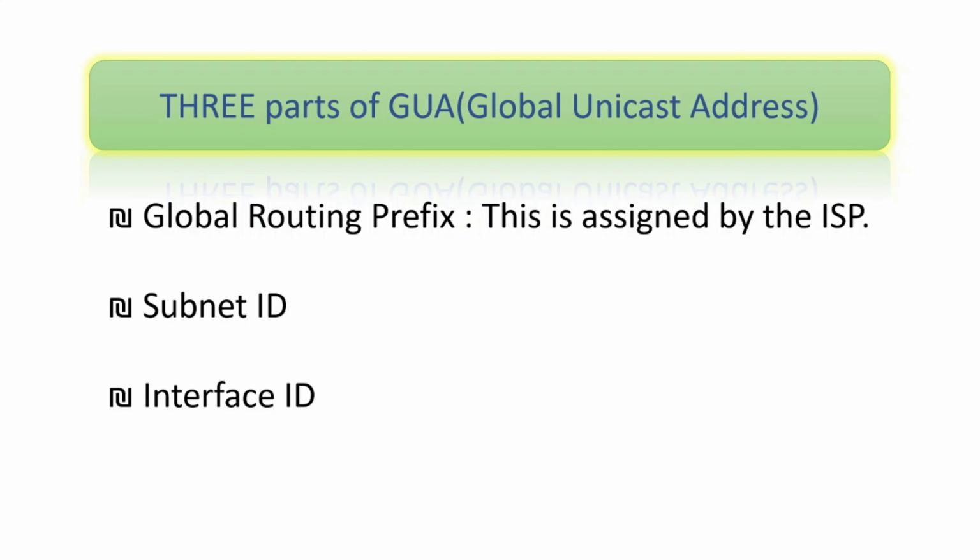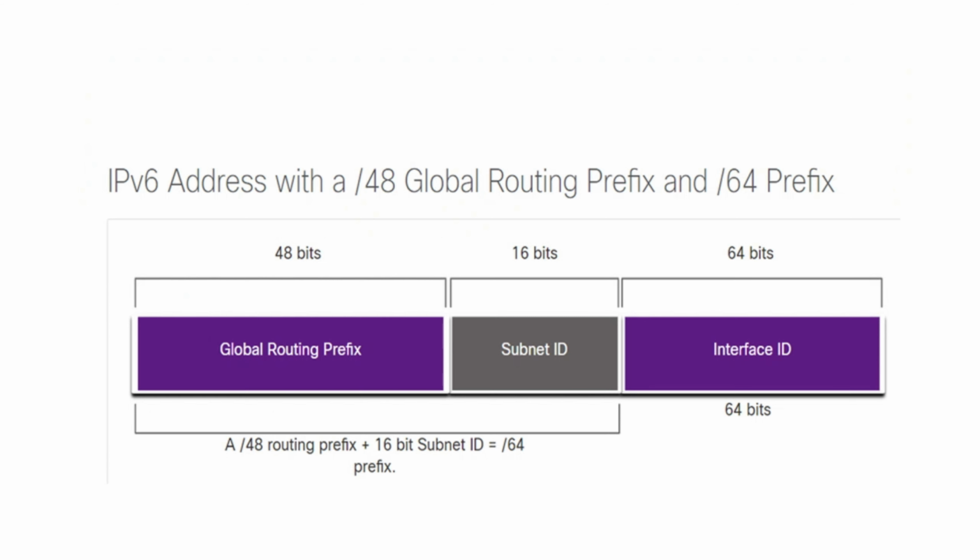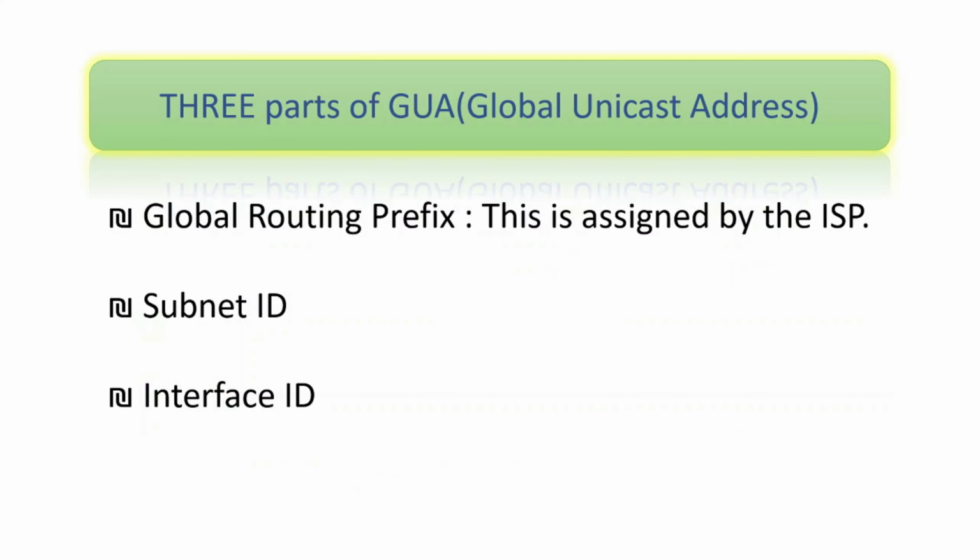Now, the global unicast address has a global routing prefix, subnet ID, and then interface ID, so it's divided into three parts. The global routing prefix, as you know, is assigned by the ISP, the provider. Then the subnet ID, and then the interface ID, which is the host portion of your IPv6 address.